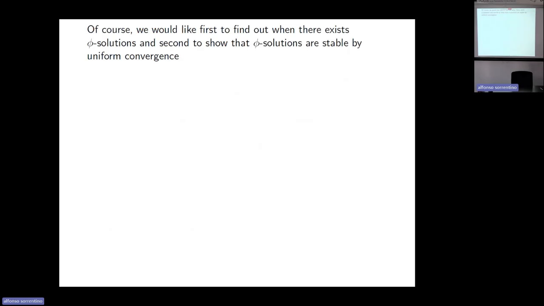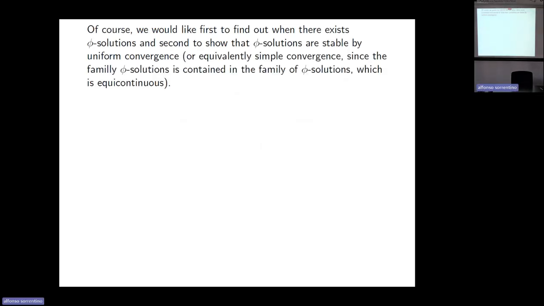We showed it for sub-solutions, we want it for solutions. Now, of course, the uniform convergence is the same as the simple convergence of the family of phi solutions, because this family is contained in the family of sub-solutions, which is equicontinuous. So the two topologies will coincide on that set.